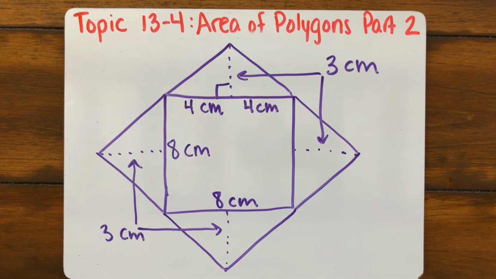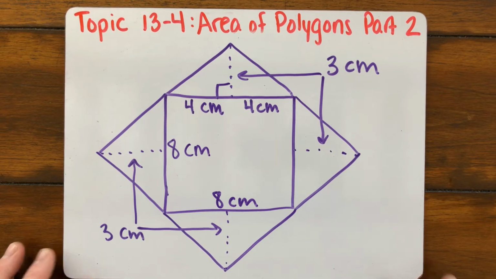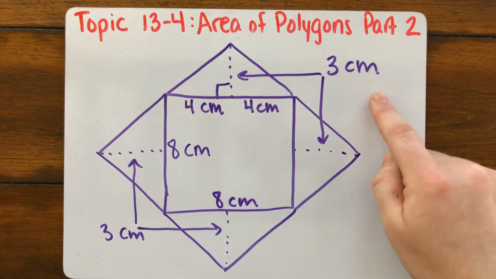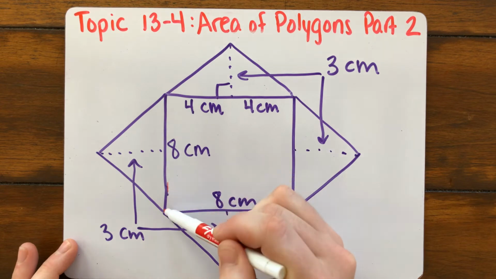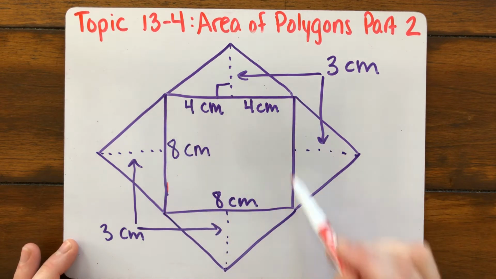All right, so right now I'm looking at the shape that was the last question on your Google form. Now, it looks a little crazy because there's a lot of stuff going on. I see 3 centimeters, I see 8, I see 4. I think they're trying to get you confused because really what they're trying to say is that this is 8, this is 8, this is 8, this is 8.